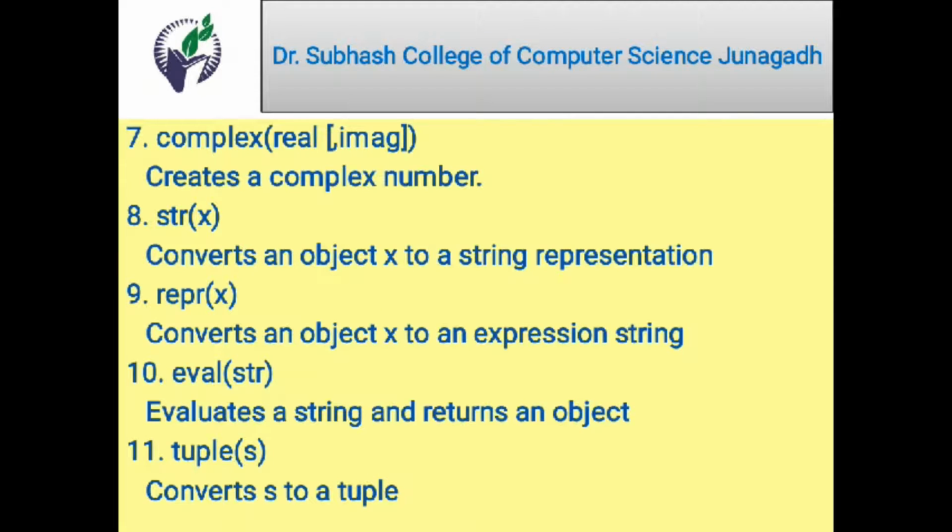Another function, as we have seen, complex(real, optional imaginary part), will create a complex number. str(x) converts an object x to a string representation. Both these functions we have seen in the previous example: complex will create a complex number and str will create a string object from a given integer or real type. repr(x) converts an object x to an expression string.